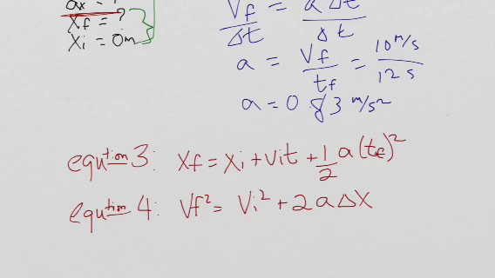Really this just becomes a familiarity thing, where if you're more comfortable using equation number 3, then by all means. We know that if we use equation 3, the V_i t section ends up canceling out because we start at rest. That eliminates that chunk of variables.